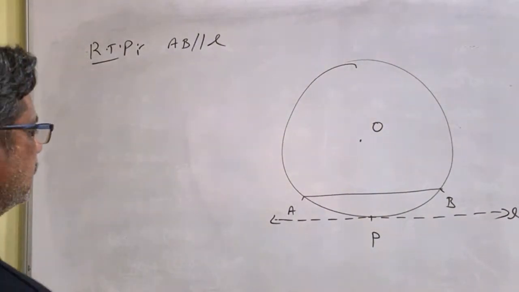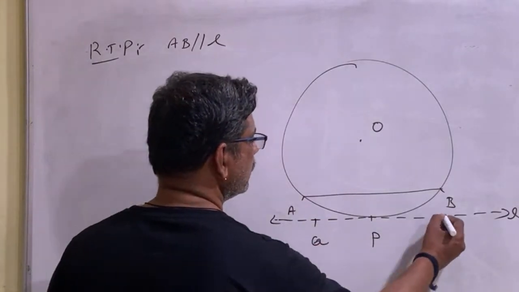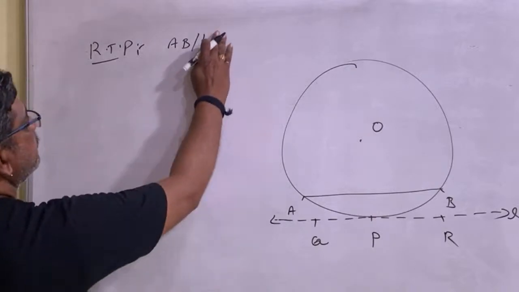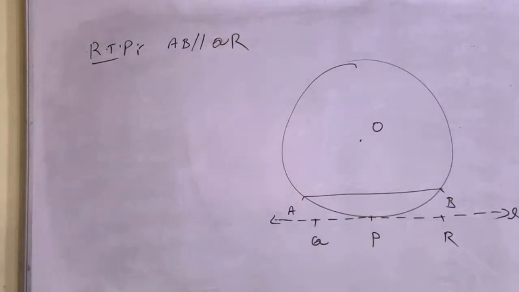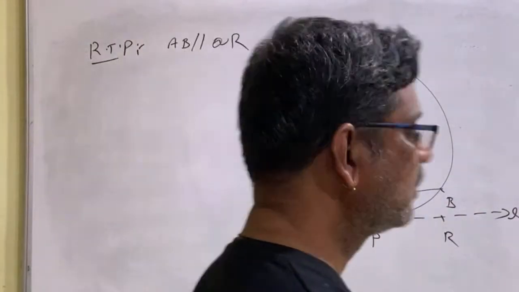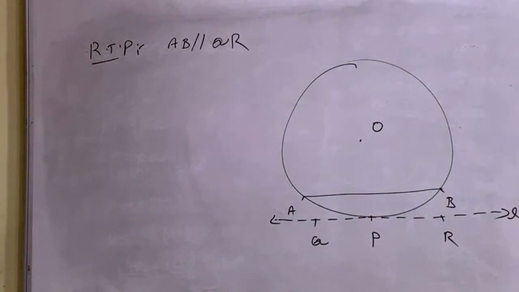Or you take one more point, Q, R, on the tangent. We have to prove that AB is parallel to QR. What is AB, children? AB is an arc of a circle.